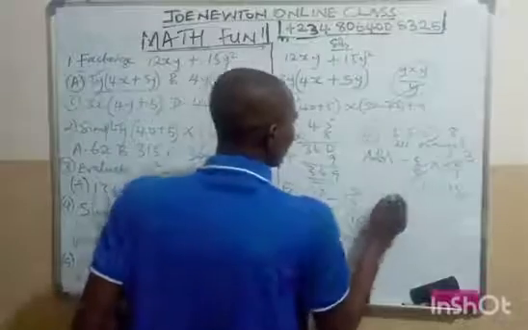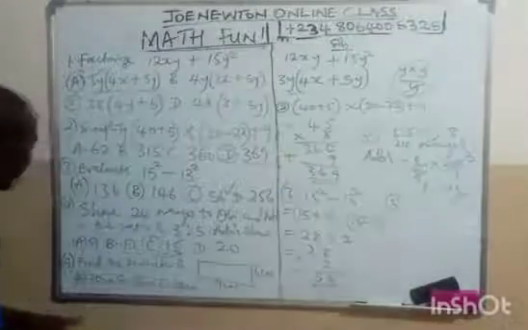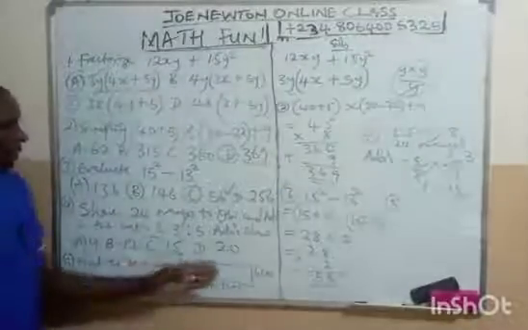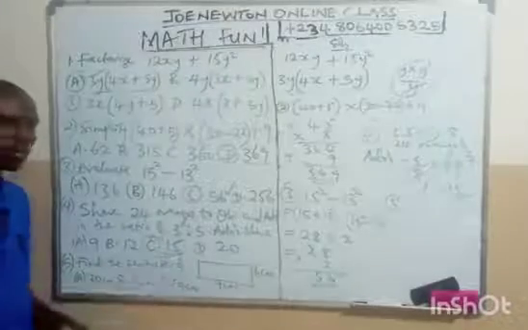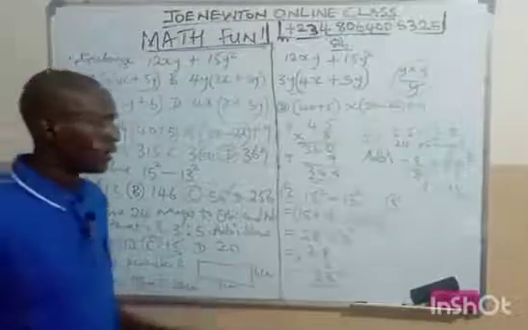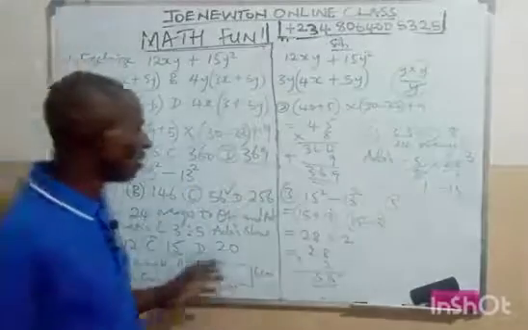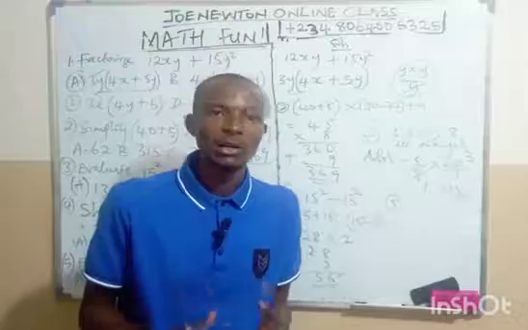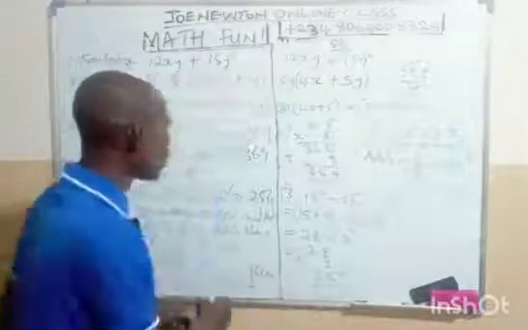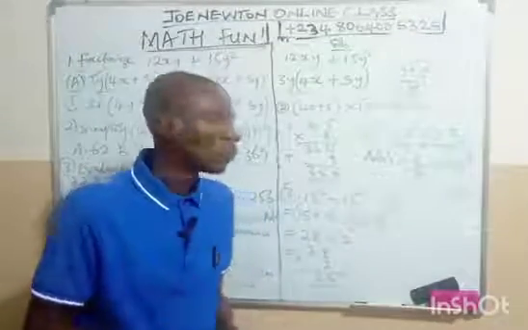Okay, number 5. Number 5 question says, find the perimeter of this shape. And this is rectangle because you have the length and the breadth, which have different sizes. So by virtue of the dimension or the sides, we know that it is a rectangle. Had it been that the sides are equal, it becomes a square. Good.